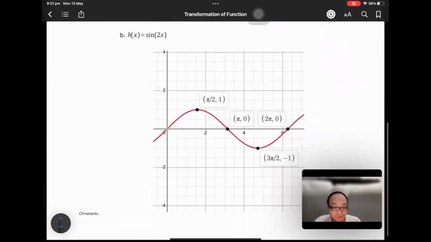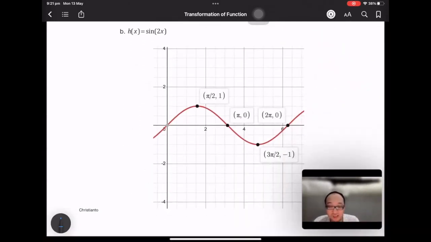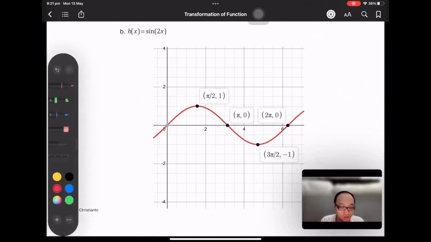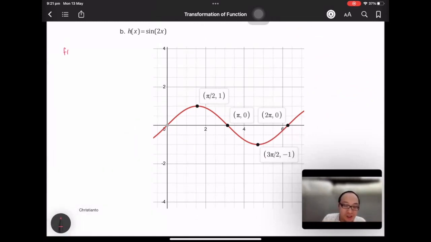How about h(x)? Now we have sine 2x. So again, if I have f(0) equals to 0, f(pi over 2) equals to 1, f(pi) equals to 0, f(3 pi over 2) equals to negative 1.